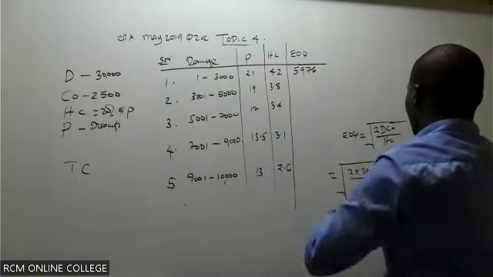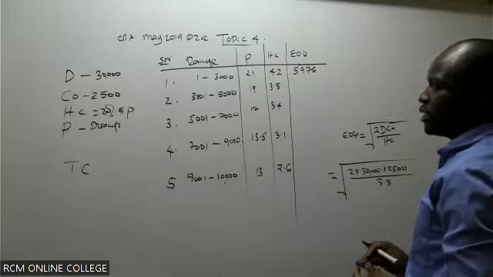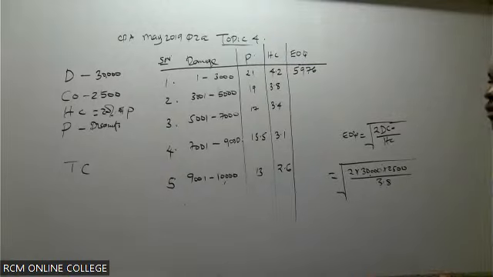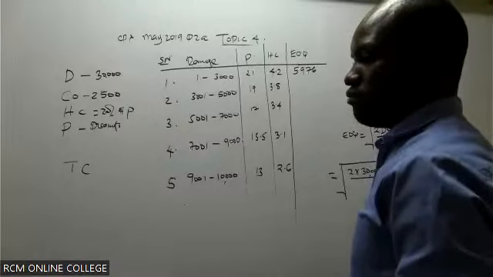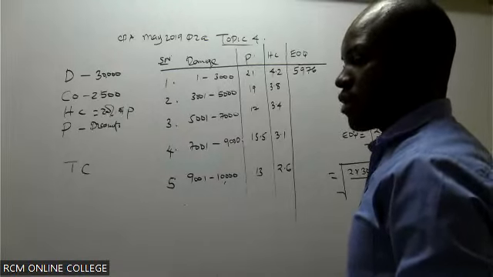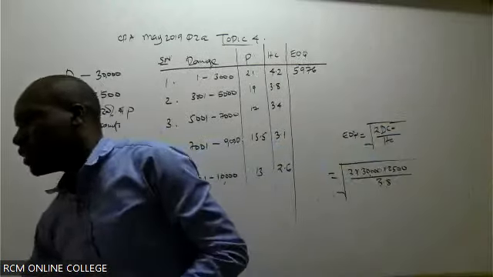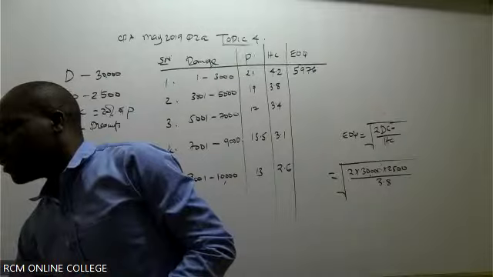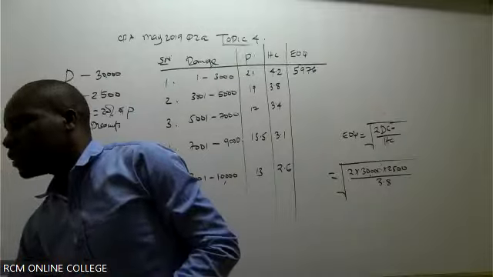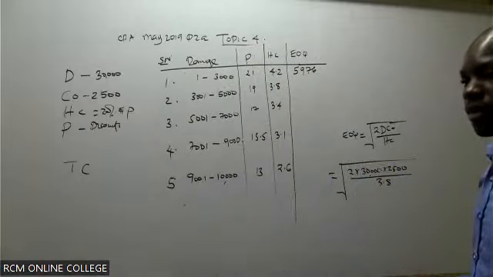Can someone go ahead and now replace 4.2 by 3.8? What are you getting for the second range? 1889, something is wrong. I want DC to give us the answer. DC, please recalculate that, then you give me the answer.